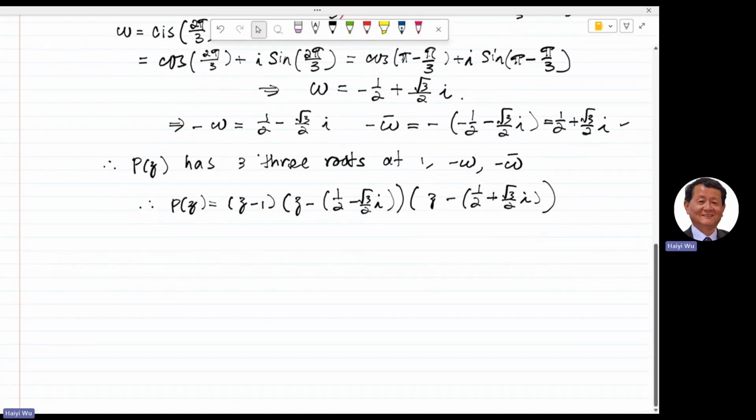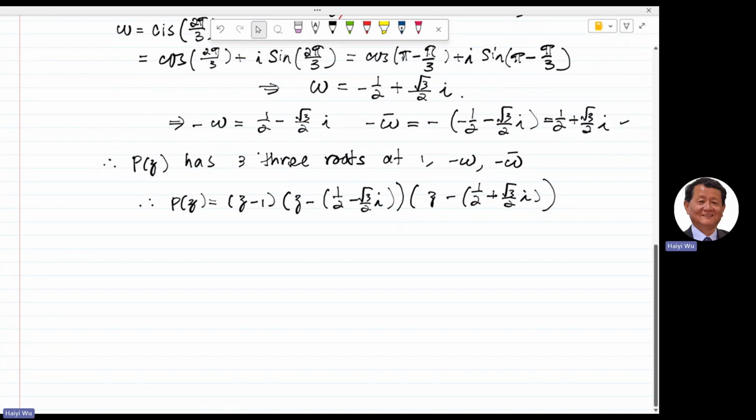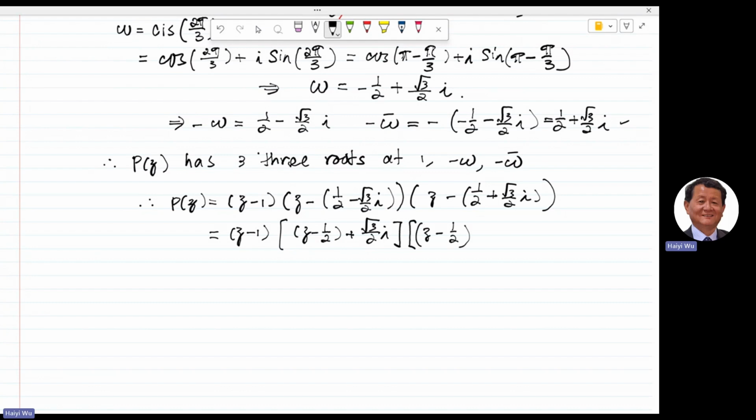Okay, we got 3 brackets. But we haven't finished yet. We need a, b, c, so we need to expand the brackets. What I'll do is put z minus 1 into the bracket, so this will become plus. Next one, I do the same: z minus half, then negative root 3 divided by 2.